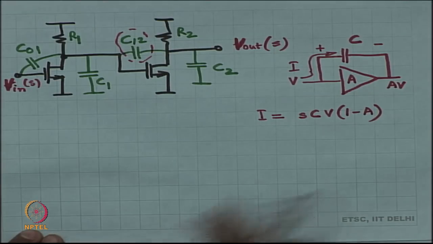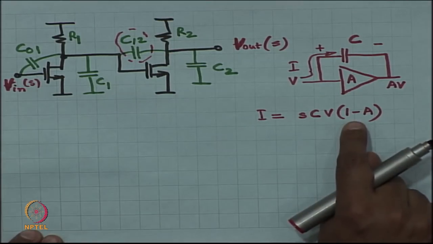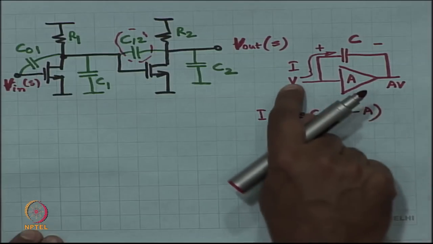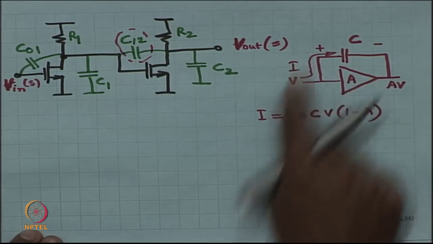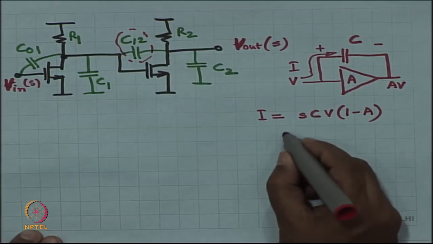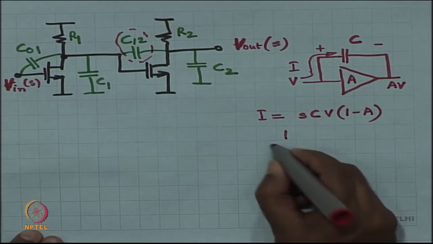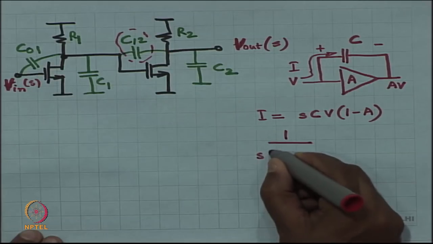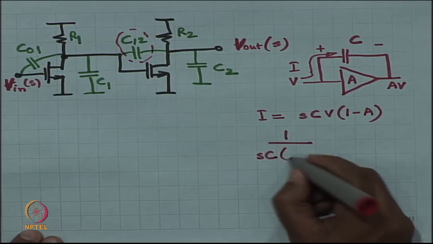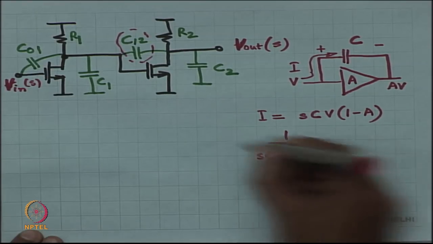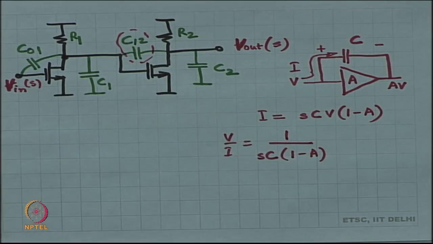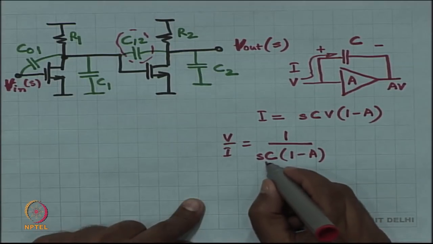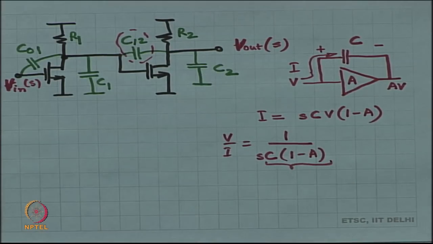Fine, this was the current, and therefore, the input impedance, I applied V, I got a current I, therefore, the impedance is V by I, which means that the impedance is 1 by S C (1 minus A), which means it is as if I have a capacitance of value C times (1 minus A).